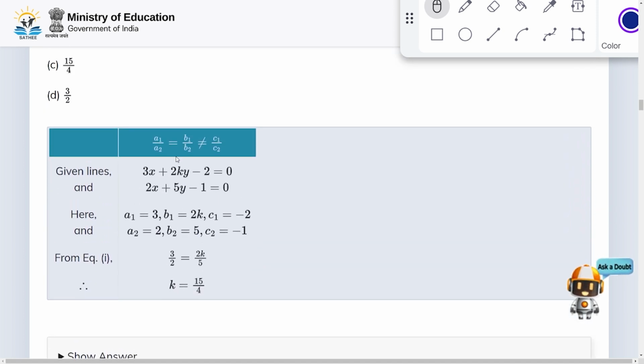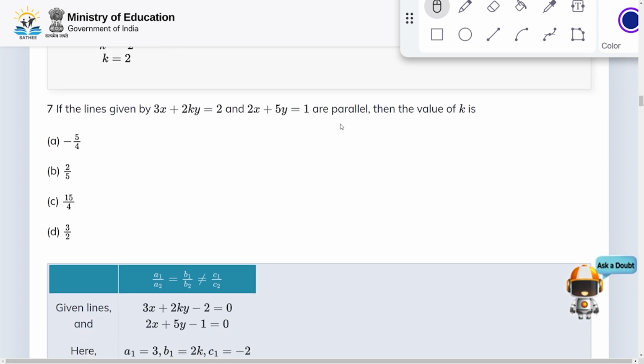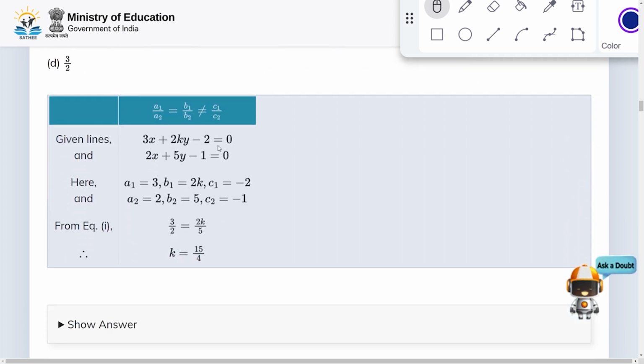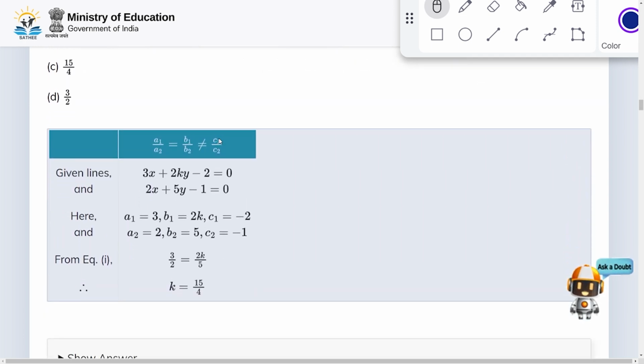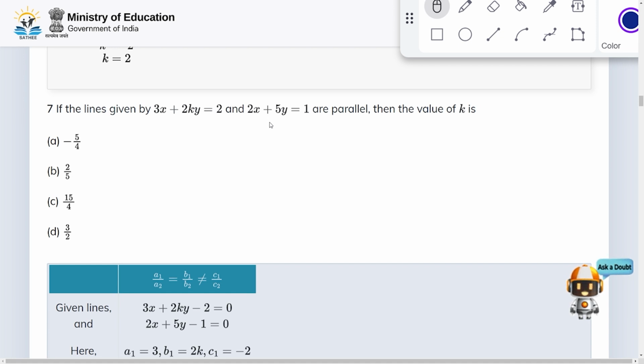So here we have basically given these two lines. Okay, and for these lines to be parallel, we have this condition: A1 by A2 is equal to B1 by B2 but this is not equal to C1 by C2. Okay, so the given lines are 3x plus 2ky minus 2 is equal to 0 and 2x plus 5y minus 1 is equal to 0.